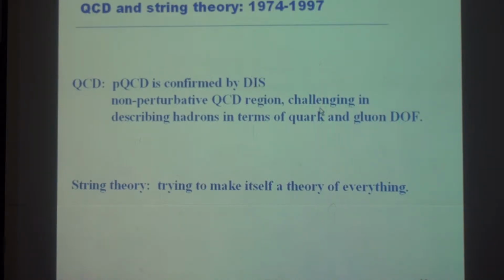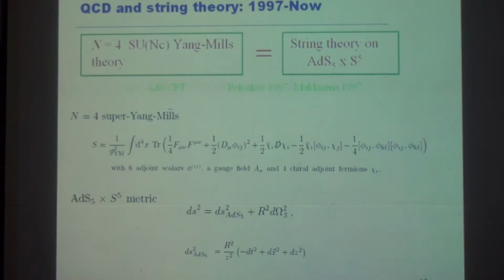But from 1997, Maldacena made a conjecture that string theory on AdS5 is dual to a super Yang-Mills theory.